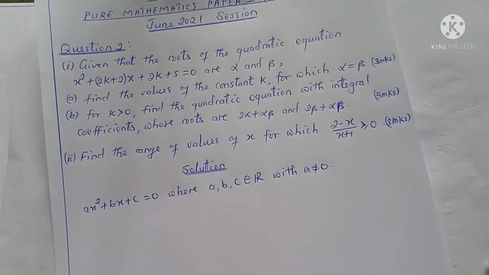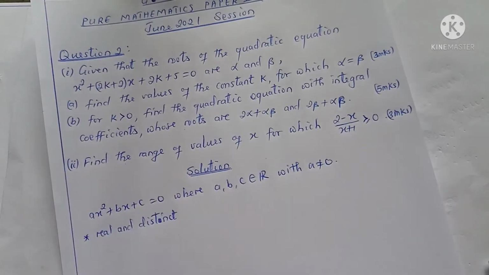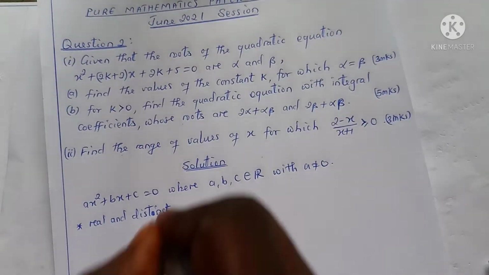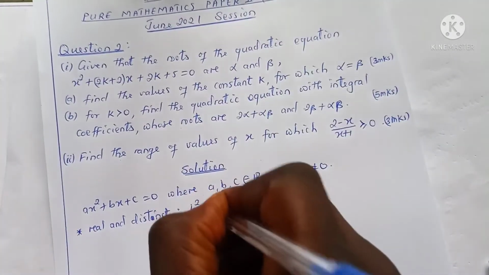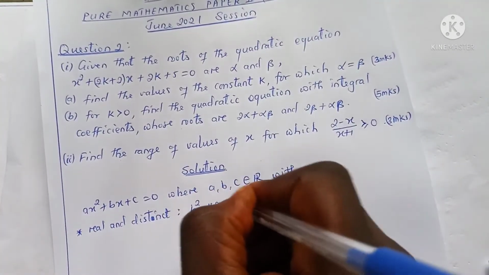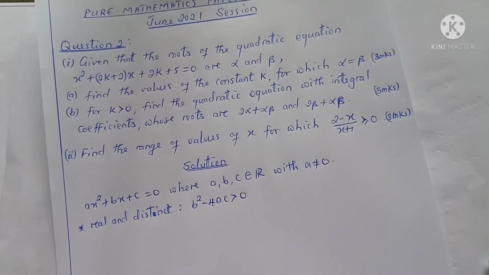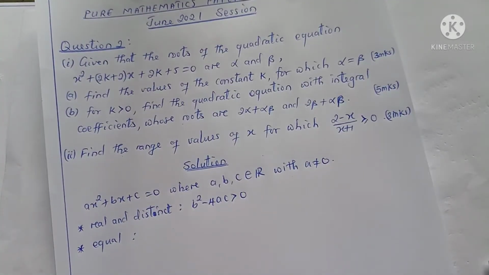And we know that quadratic equations always have two roots. These roots may be real and distinct, and if they are real and distinct, then the discriminant, which is b squared minus 4ac, will be strictly greater than 0. They may be equal.